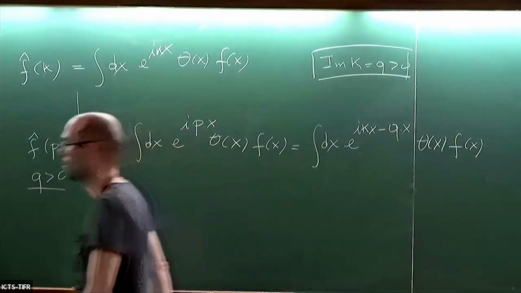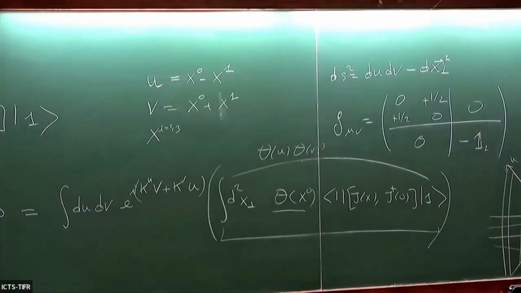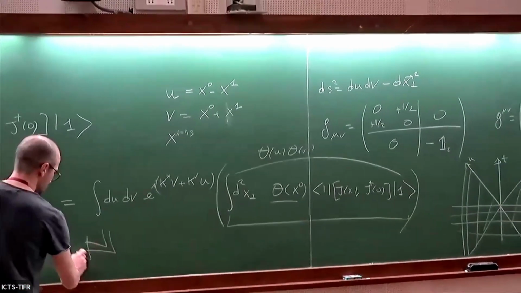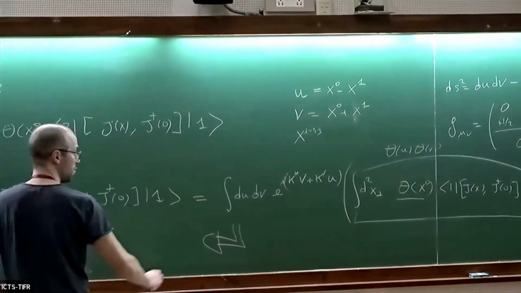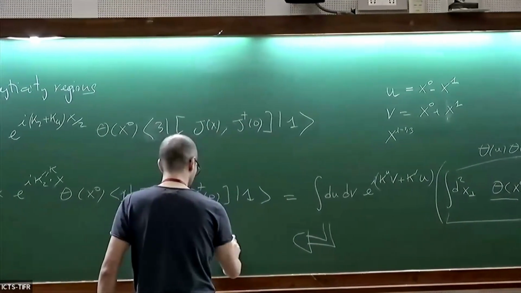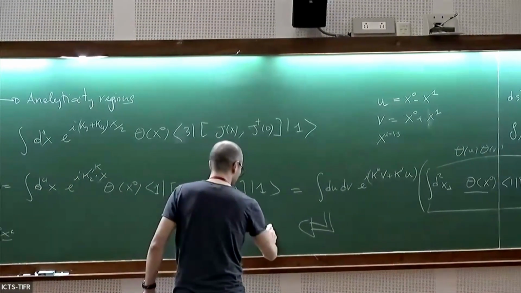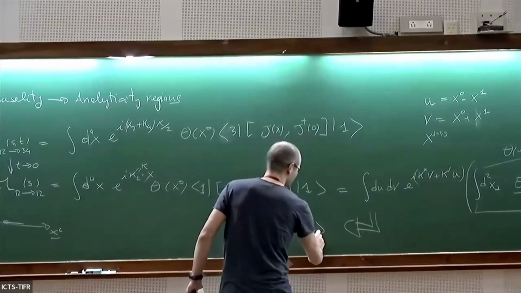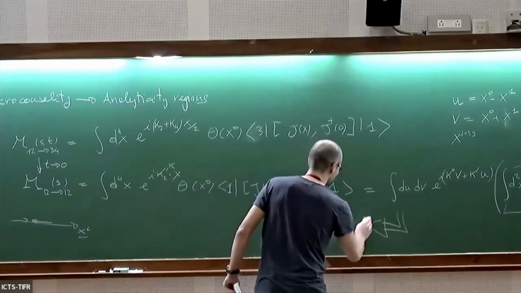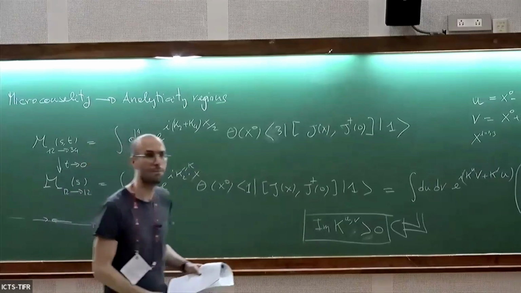This immediately implies, and that's why I changed coordinates, I wanted to make this manifest, that you can extend your scattering amplitude as a function of k to be analytic in the upper ku plane and kv plane, so the imaginary parts of ku and kv both positive. In that region, you're analytic. Is it clear?